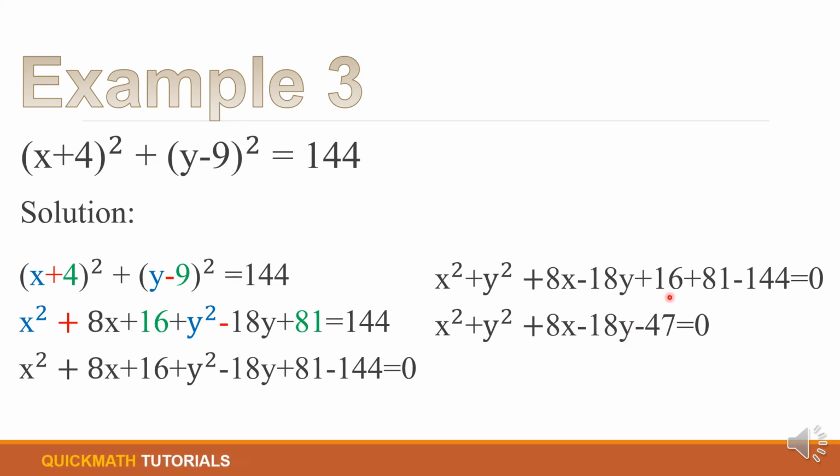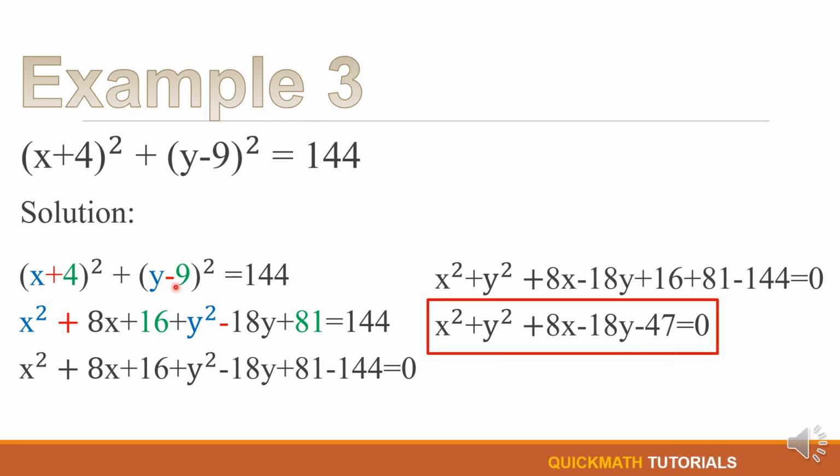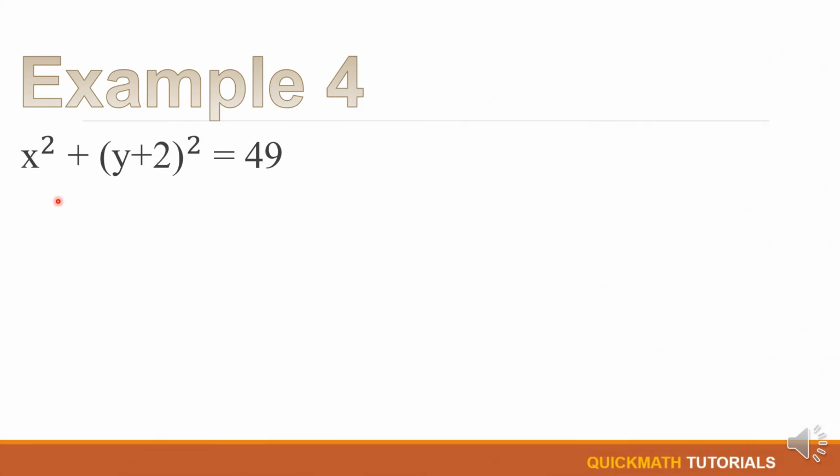So we have 16 plus 81 minus 144 is equal to negative 47 equals 0. Therefore, the general form of this equation is x squared plus y squared plus 8x minus 18y minus 47 is equal to 0.